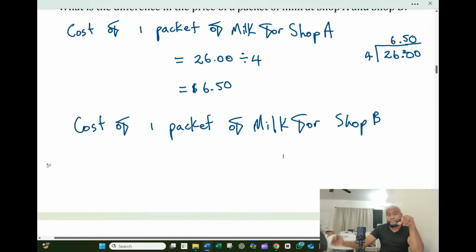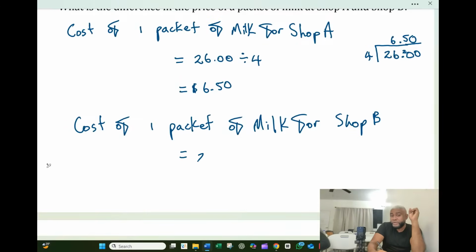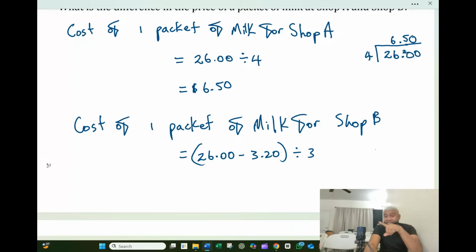So the first thing you have to do, this will be $26 minus $3.20, right? You need to work this out first and then divide it by 3 because it's 3 packets, right? So let's do 26 minus 3.20 in the working column, right? 26 dot minus 3.20, right? So let's work.